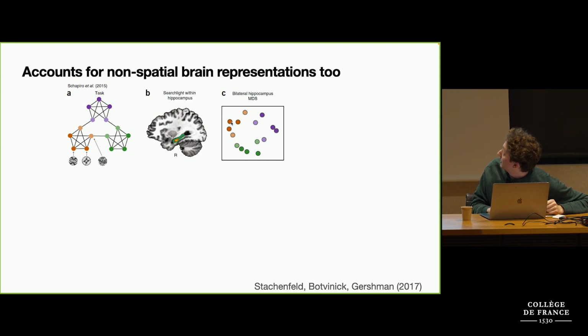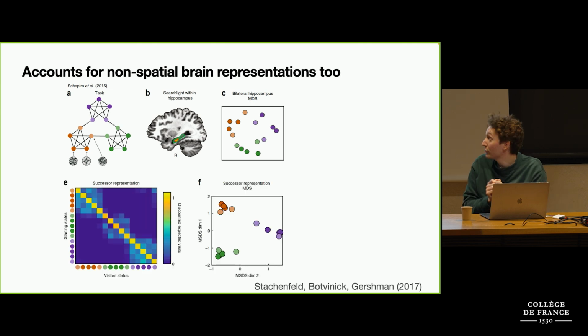Okay? So images that were in the orange group happen to be next to each other, images that are in the purple group happen to be next to each other, and so on. And of course, if we were to take this arbitrary graph-like successor representation model, that predicts exactly the same thing, because what's my likely future from here? I'm most likely to visit these states, and from here, I'm most likely to visit these states. So you naturally get this clustering in this model as well.